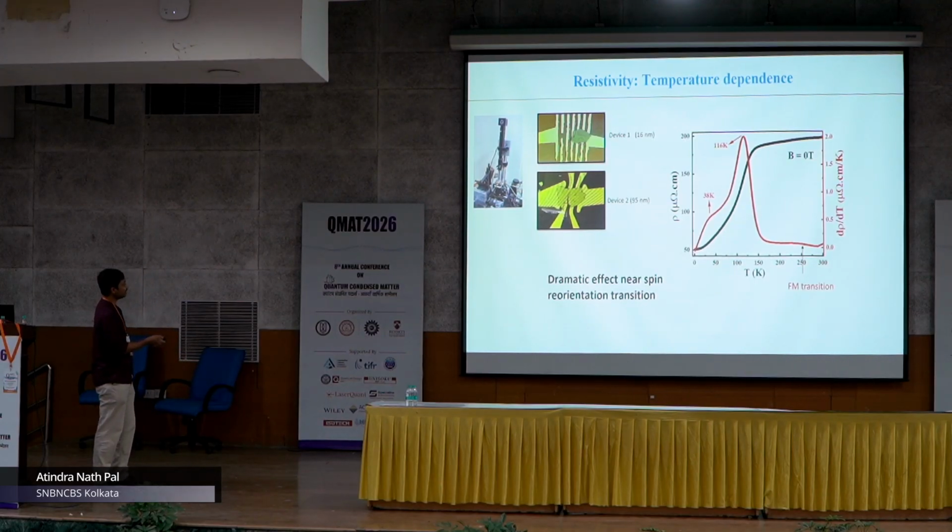Now if you take a derivative of this curve, near 270 Kelvin there is a very weak signature, and near the spin reorientation transition the signature is very strong, and on top of this we see a hump around 38 Kelvin. I will discuss this 38 Kelvin part in more detail because we see it repeatedly.